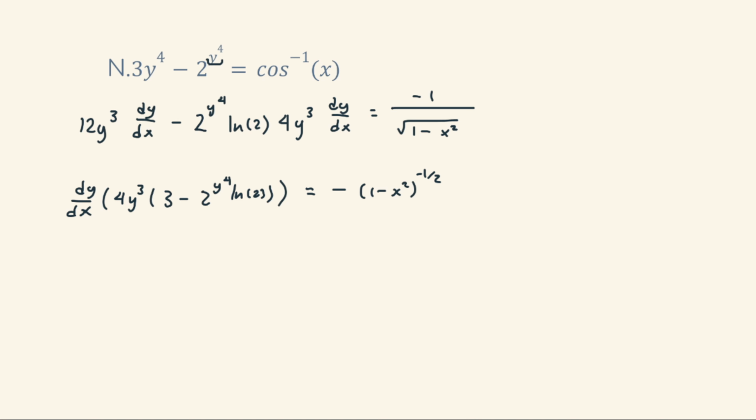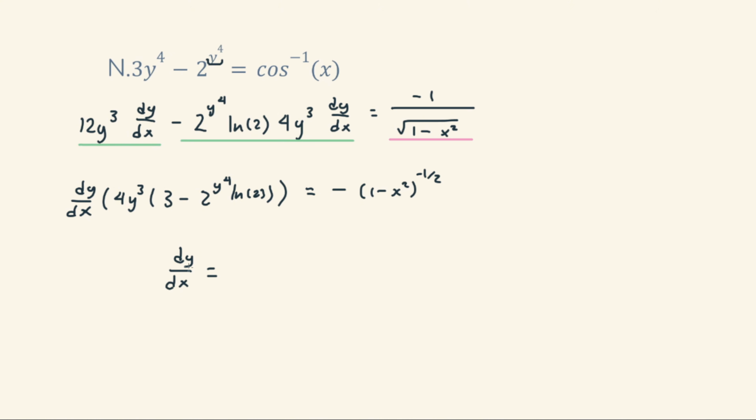I forgot to underline this before on top, but you can notice these two terms with the dy over dx are already on the left, so I didn't have to do any rearranging. Forgot to mention that before, but I think you could have seen it by now. All right, so we divide both sides, not by dy over dx, but by the thing being multiplied to dy over dx, this thing in the brackets here.